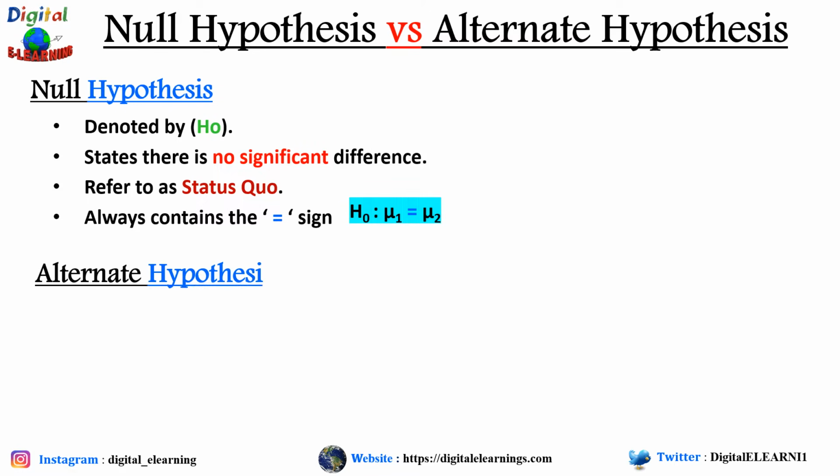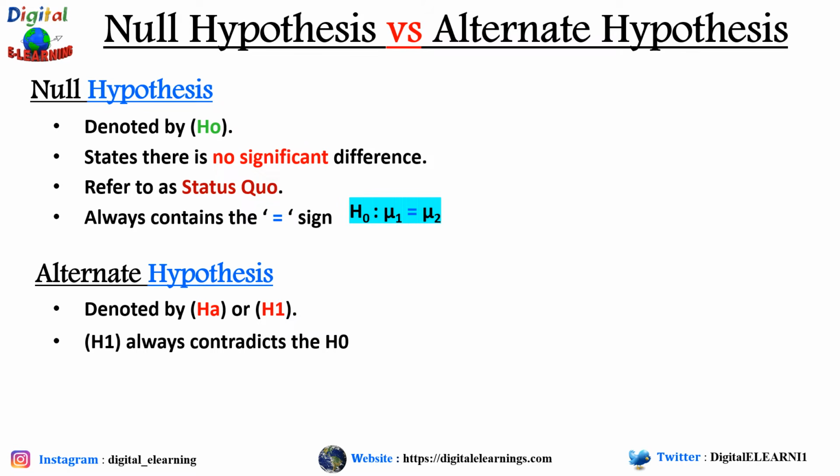Now let us see what the alternate hypothesis is. It is denoted by HA or H1, which means there is a significant difference and the difference is caused by some non-random chance. H1 will always contradict H0, that is, the alternate will always contradict the null hypothesis.